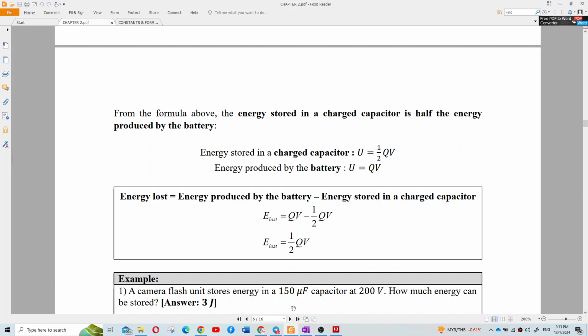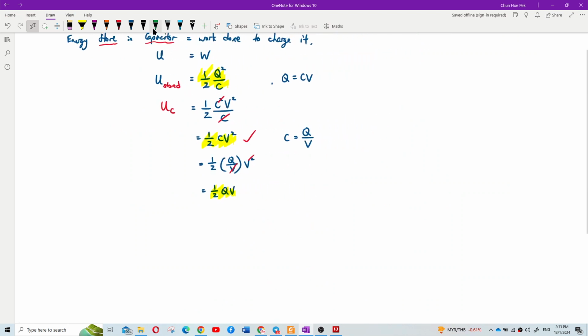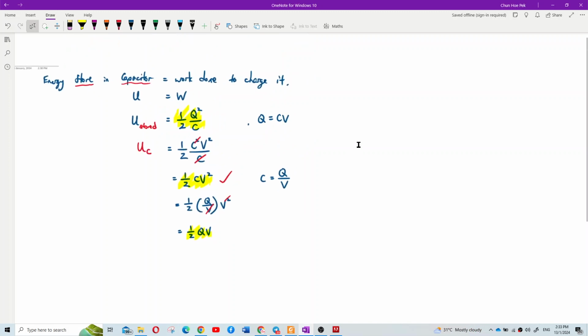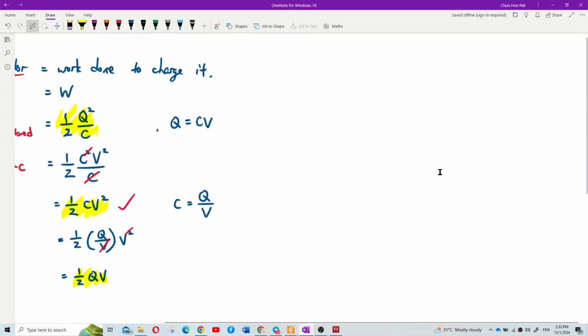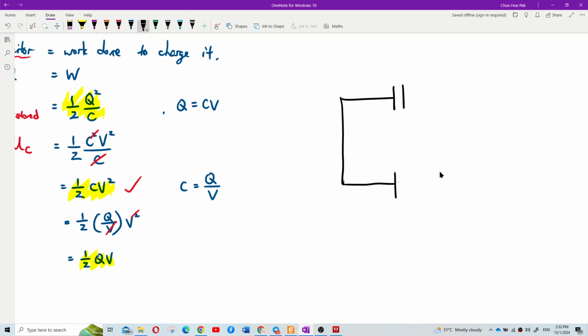What does it mean by this? That means when I charge a capacitor, look at this circuit. This is a capacitor, and probably there's a switch over here.